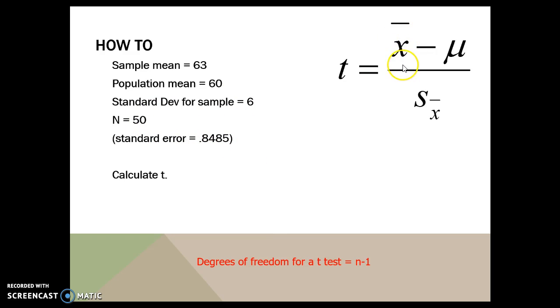And we plug in 63 minus 60 divided by 0.8485. So let's take a minute and do that in our calculators.